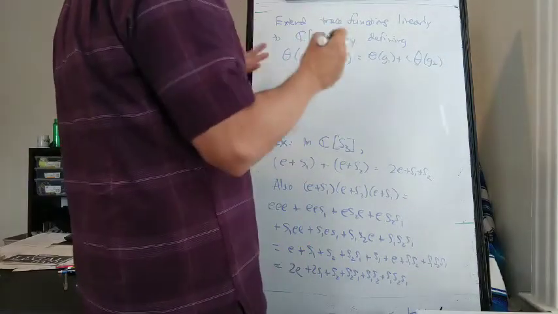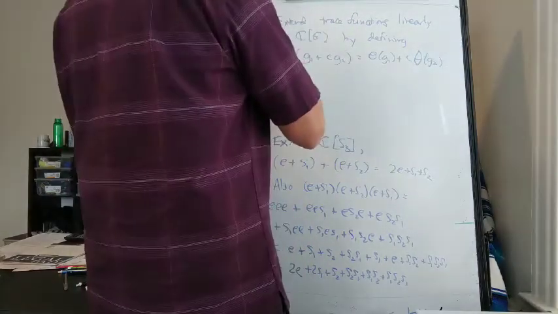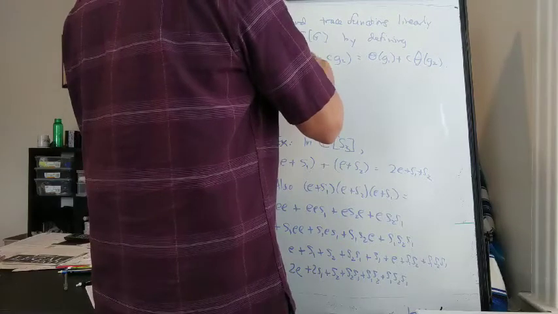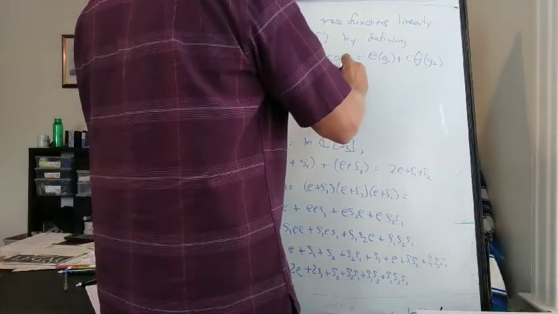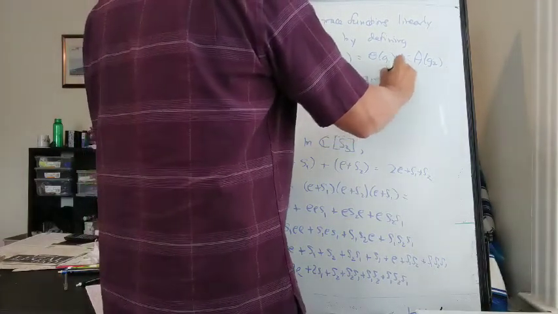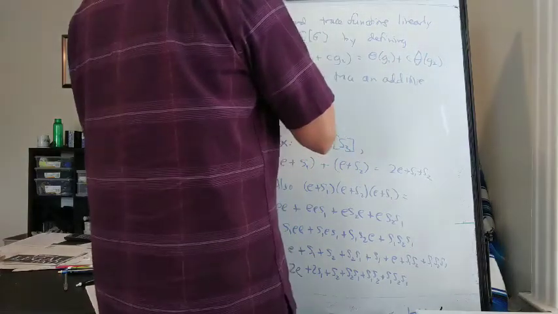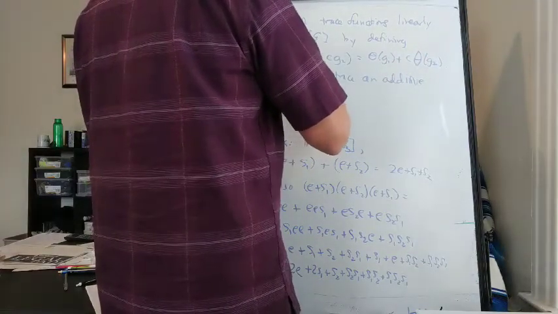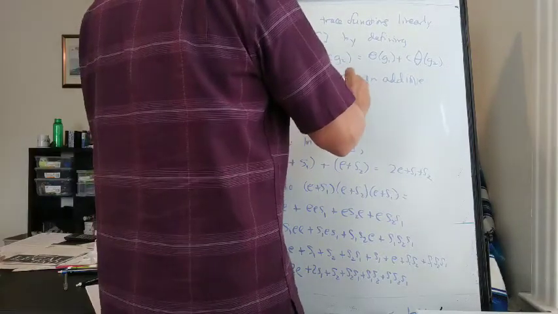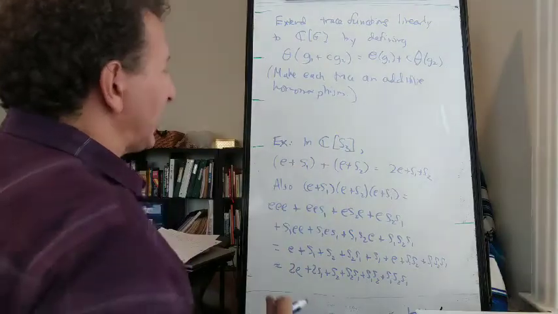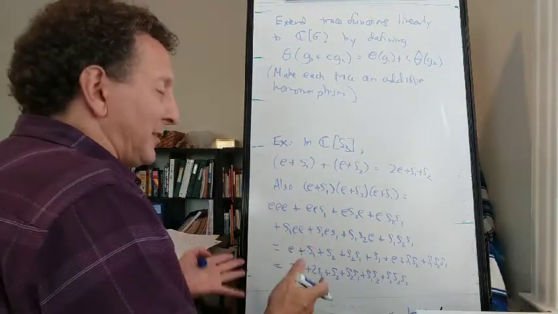So we make each one an additive homomorphism. The traces are not usually multiplicative homomorphisms, although it happened to be in that last example I did.